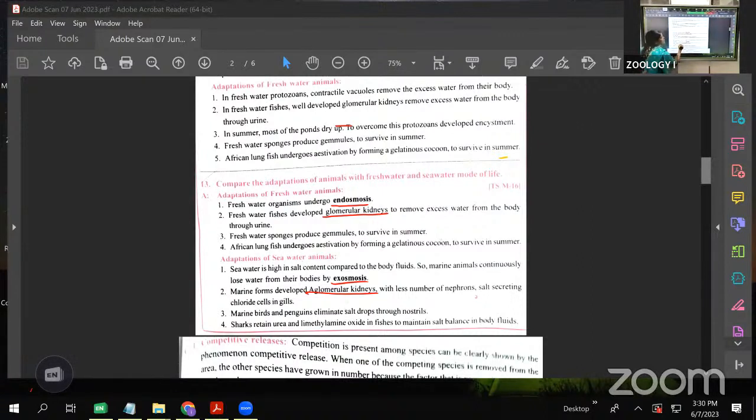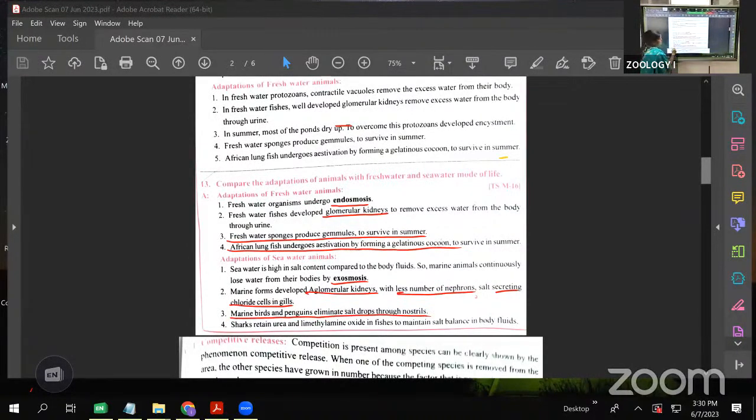Here, the marine fishes develop fewer glomerulus kidneys for the retention of water, meaning a smaller number of nephrons, and salt secreting chloride cells in gills. Next, the freshwater sponges produce gemmules to survive summer. Before only we discussed. Next, the African lungfishes undergo estivation and form the gelatinous cocoon. Next, the marine birds and penguins eliminate the salts from the nostrils.